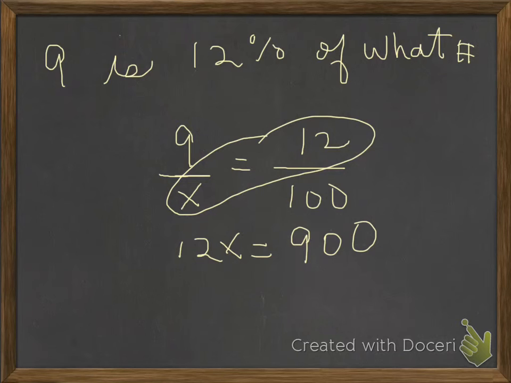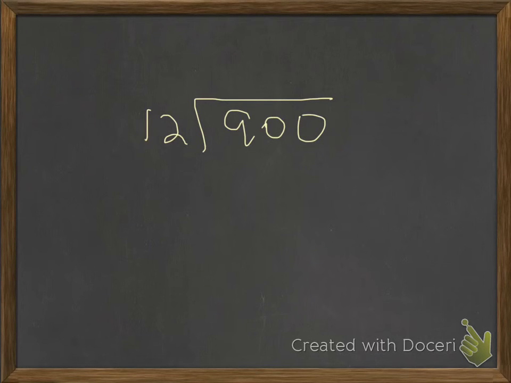Now we simply divide both sides by 12 because you want to find out what x is. So let's see what is 12 into 900. We will look at 12 going into 90. Let's see, 7. 2 times 7 is 14. Carry a 1. 7 times 1 is 7 plus 1 is 8.